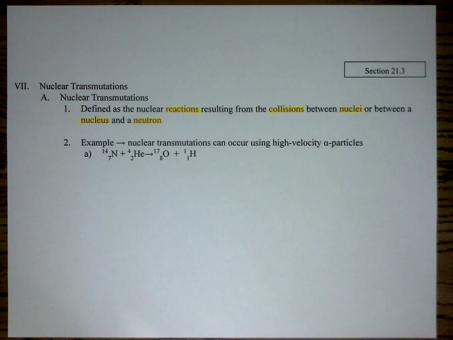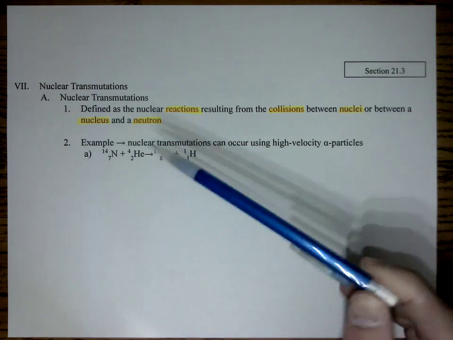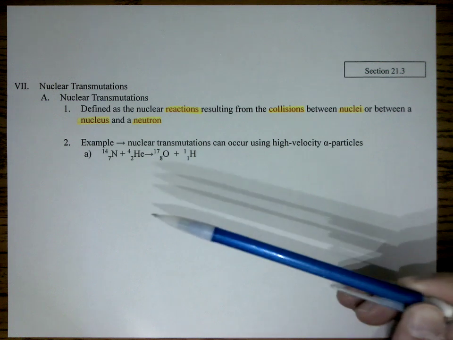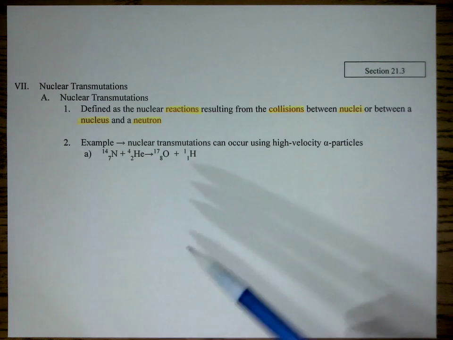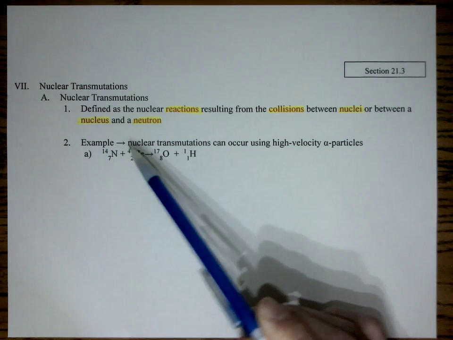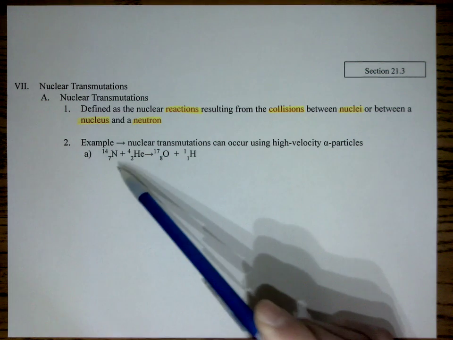So we start with transmutations. Transmutation is another nuclear reaction where you smash one particle into another. In our example here, we're taking an alpha particle, which again is just the nucleus of a helium atom, and it's colliding with the nitrogen nucleus.